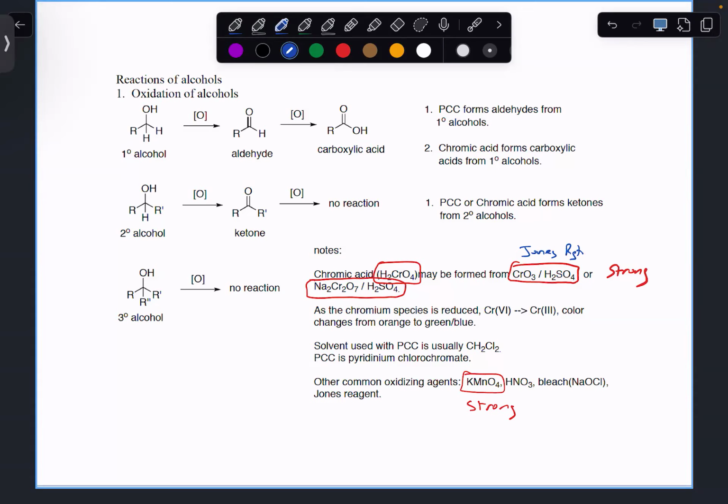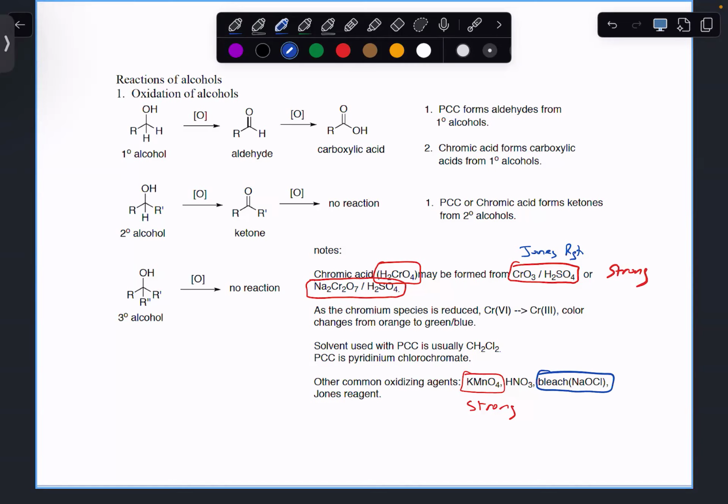So you might see that too. You might just see on an arrow, Jones reagent. Even bleach can act as a strong oxidizing agent. Now, this isn't like the bleach you pick up at Target. It's a little bit stronger than that, but it's still sodium hypochlorite.